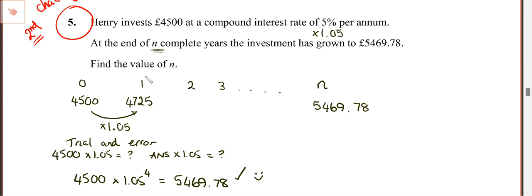So, what we were saying was, Eden started with just the beginning. She started at 4,500, worked that one out. It's too small. So we did it again, times by 1.05, found out the answer. It was too small. She did it again, times by 1.05, the answer was too small. Did it again, got the answer.